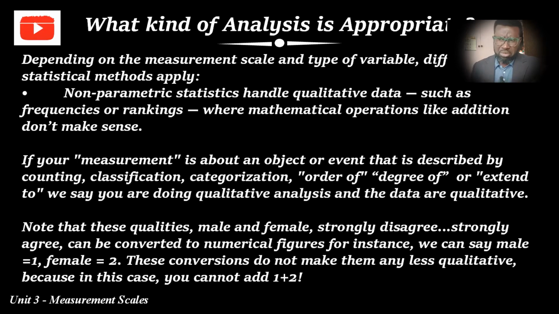Depending on the measurement scale and the type of variable, different statistical methods apply. We can start with non-parametric statistics. Non-parametric statistics handle qualitative data such as frequencies or ranks, where mathematical operations like addition don't make sense.